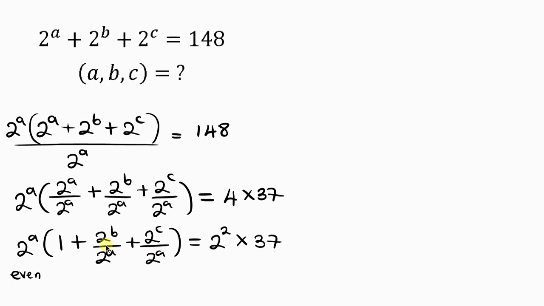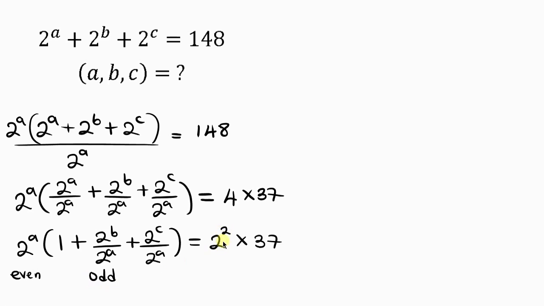But even plus even results in an even number, and when one is added to an even number, it becomes odd. So we can say this expression inside the bracket is odd.